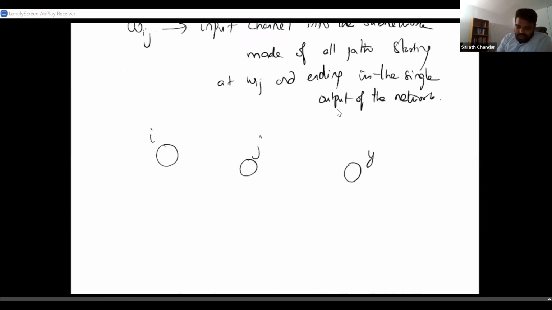Now we call the final output E, right? So let's just have the final output, which is the error. Now I have this connection wij, and then it goes through a bunch of things to the error. You can consider this wij as input to this whole network.